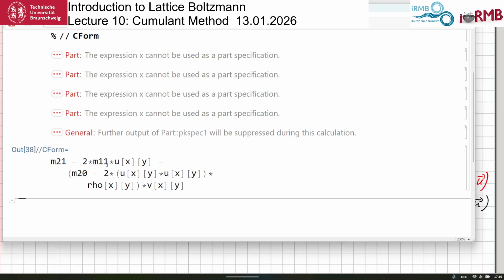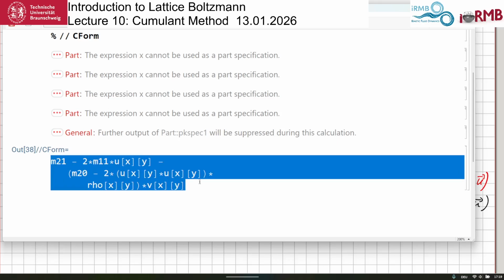Because we were now using the raw moments, what we get out is a little longer, yeah? But suppose we don't care, we assume this is correct and we just copy and paste this. So let's just copy this.